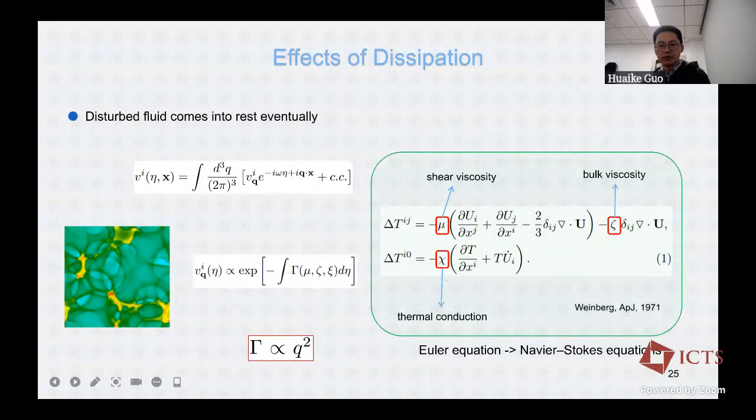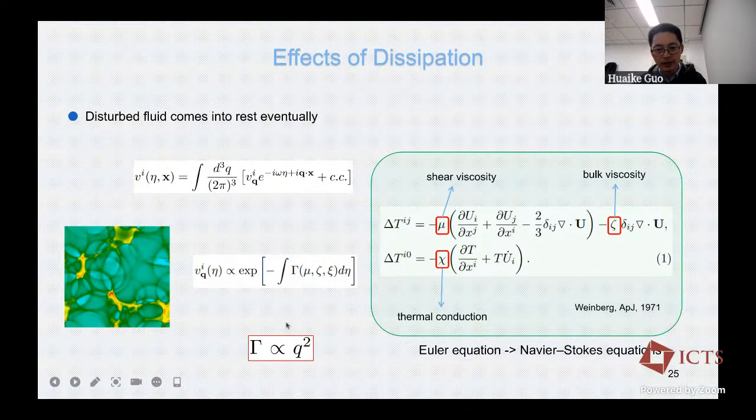Of course, going into more detail, we can use the sound shell model to see more details about how this reduction happens. This framework was given by Steven Weinberg back in the 1970s, and we consider the viscosity and other damping effects like thermal conduction. We can then find that the velocity field will be damped in an exponential way.